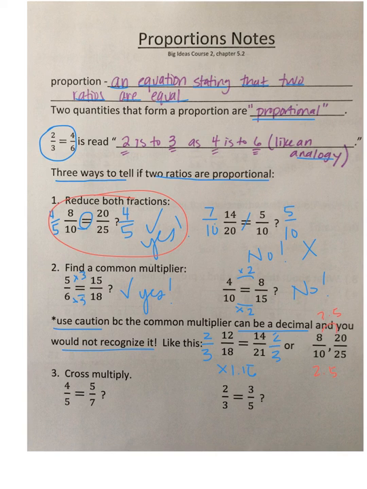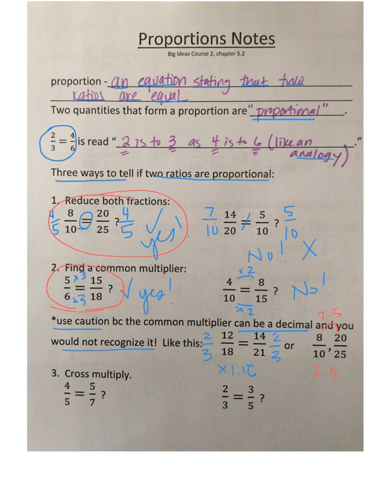So these are also equal, even though they don't look like it. So I would be very cautious using a common multiplier for that reason. Sometimes they jump out at us and they're great and they work and it's perfect. Like in this case, we can see that they're both divisible by 3, like 18 divided by 3 would be 6 and 15 divided by 3 would be 5. And then it's great when it jumps out at you, but just be cautious.